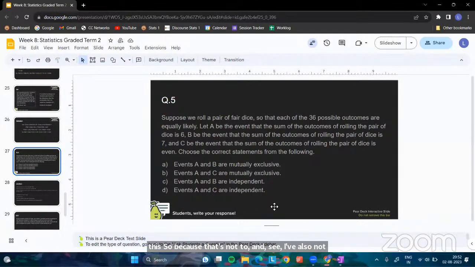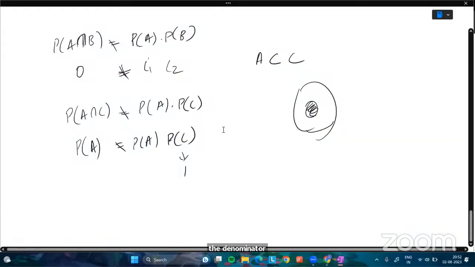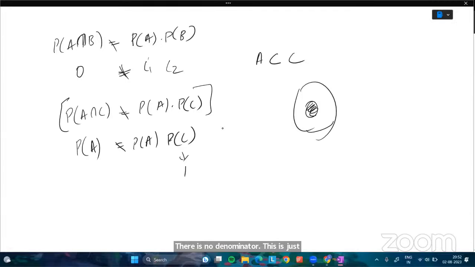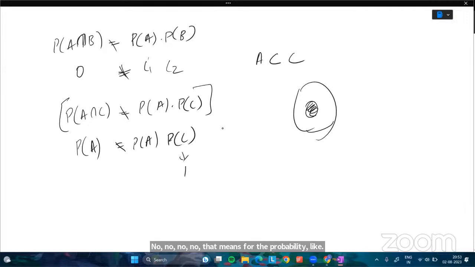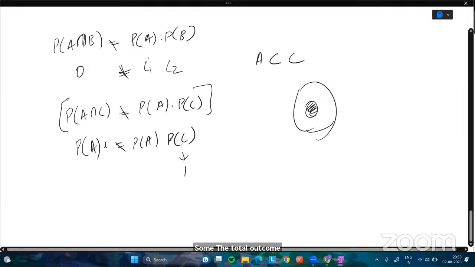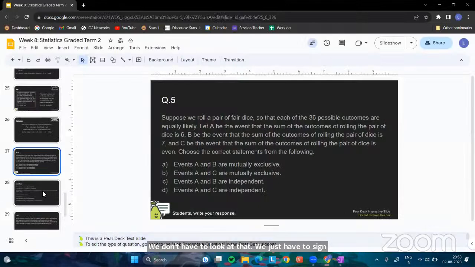Ma'am, and also while finding probability of A intersection C, what will be the denominator for probability of A, probability of C, whatever? There is no denominator. This is just a condition that we use to check it. Denominator means for the probability, like some X by the total outcomes. We don't have to look at that. Okay, so you're asking how to find probability of A. We're rolling a pair of fair dice.